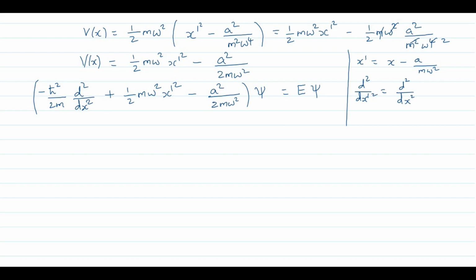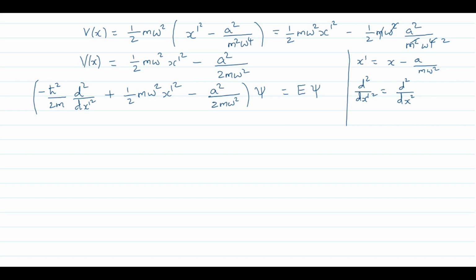So the first term can now be written as d square by dx prime square. Now what is this quantity?